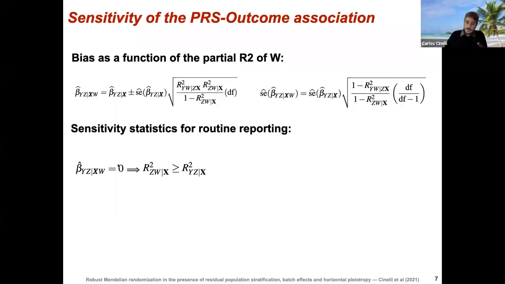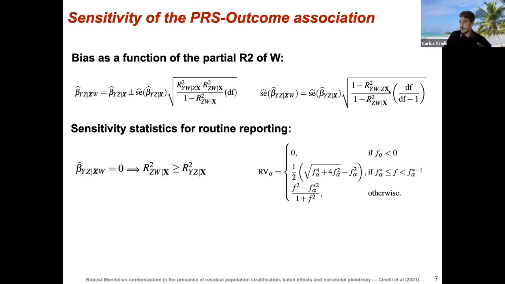So for example, if we want to bring our target estimate to 0, then we conclude that the unobserved variables must explain at least as much residual variation of the instrument as the instrument explains of the outcome trait, right? Otherwise, it's not logically possible to bring this estimate to 0.